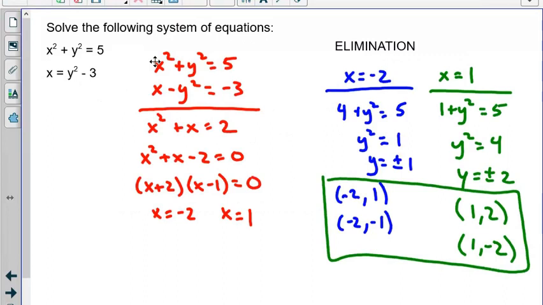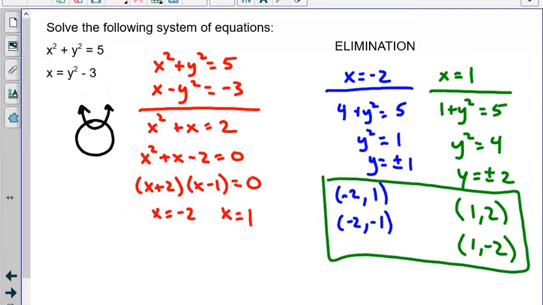That's because we were dealing with lines before. But now that we're dealing with, in this case, a circle and a parabola, let's think about the potential here. The potential for a circle and a parabola, we could have no solutions if they don't intersect. We could have one solution if they just barely graze each other.